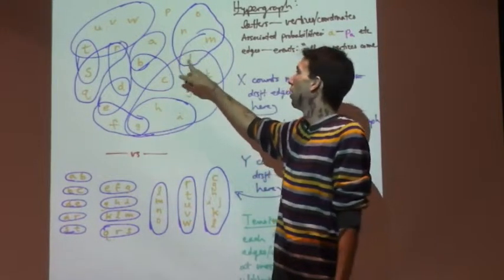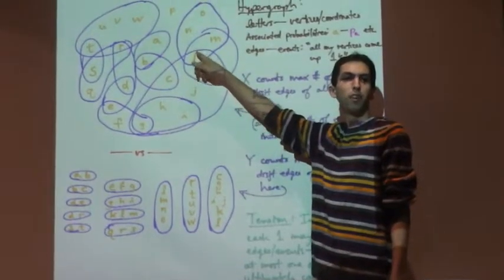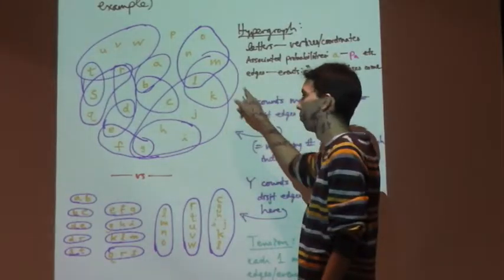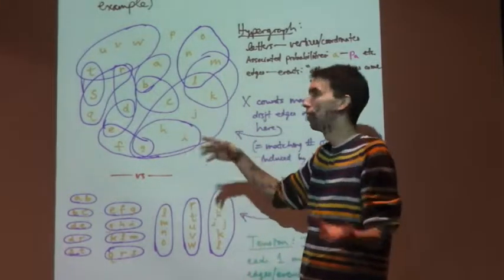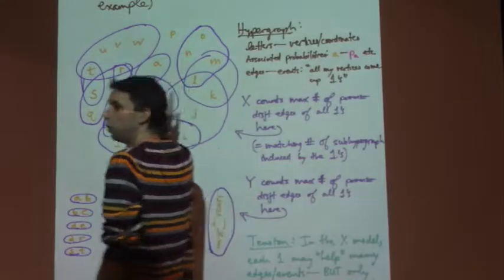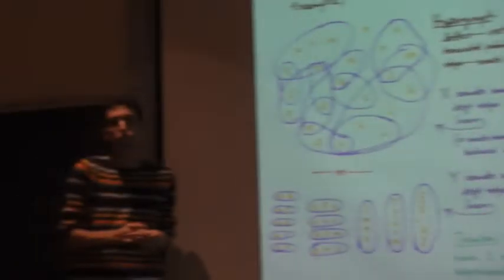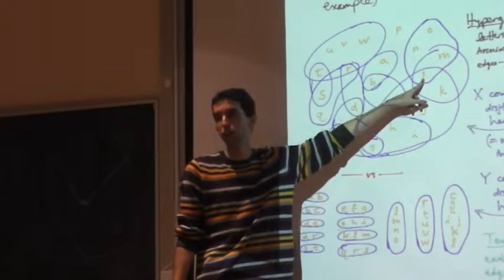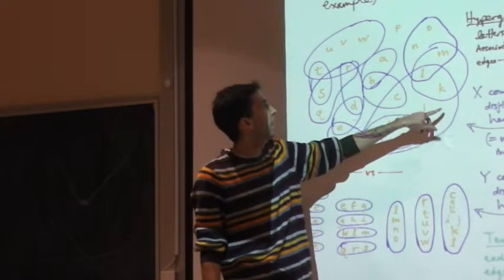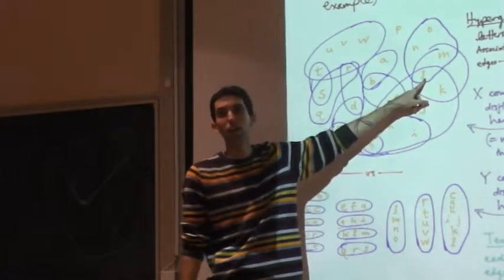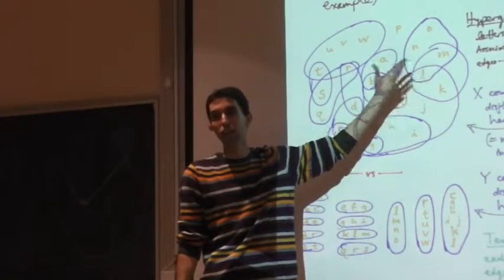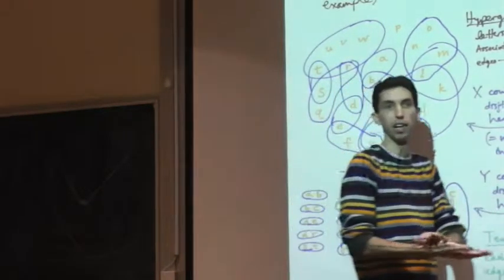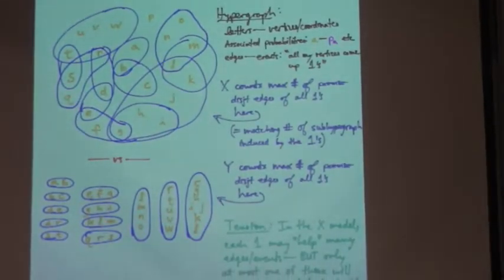But on the other hand, at the end of the day, you're only allowed to use one of those edges in your count, your count being X, because you're not allowed to use two non-disjoint edges. If I'm looking at this coin L here, and I observe that L came up 1, great, that helps all three of the edges that contain L, but at the end of the day, I'm only going to be allowed to have at most one of them in a matching whose size X is going to count.